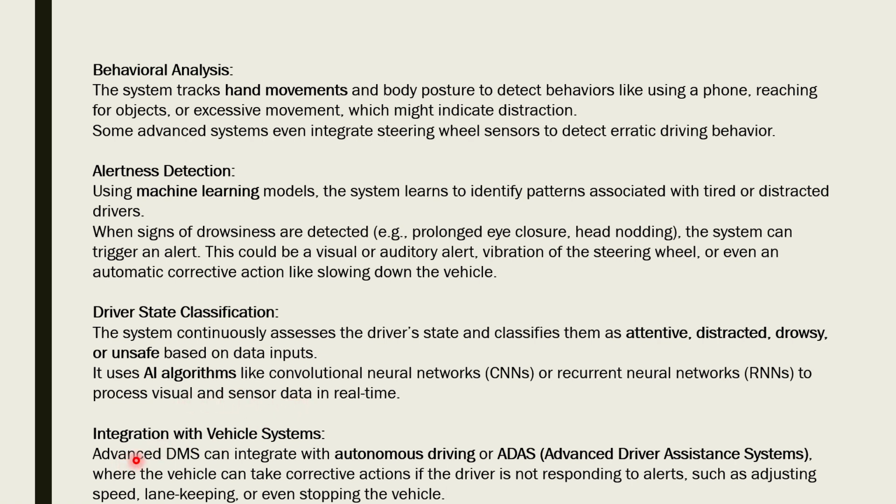Once we have this DMS information, it's integrated with autonomous driving and ADAS systems, where it takes corrective actions like alerting, adjusting the speed, changing lanes, and going towards stopping of the car.